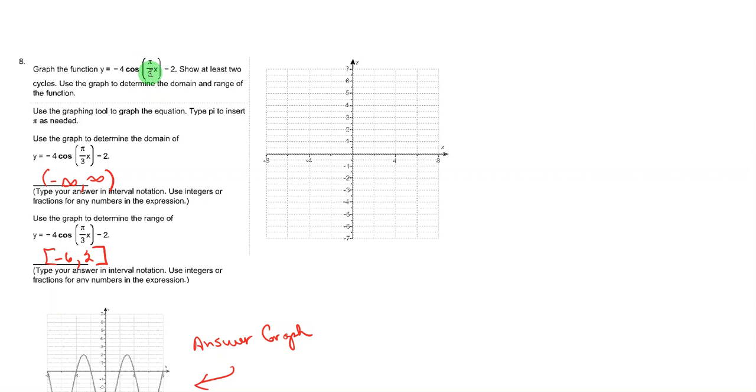So when you do 2 pi over pi over 3, you flip the pi over 3. So now you've got 2 pi over 1 times 3 over pi. The pi's cancel out, and you end up with a period of 6. And that's when it will repeat. And then we have a vertical shift going down 2.